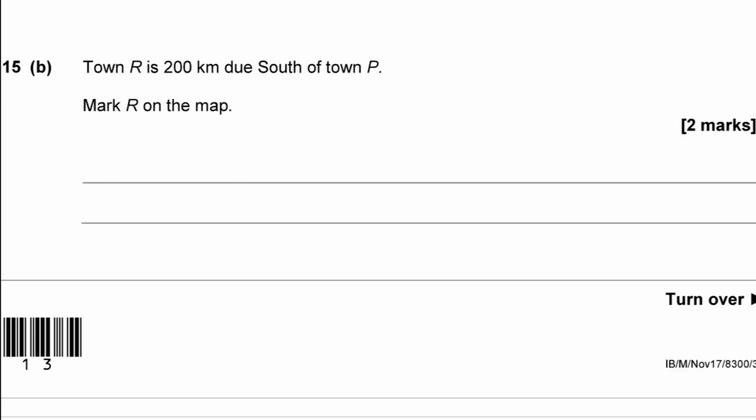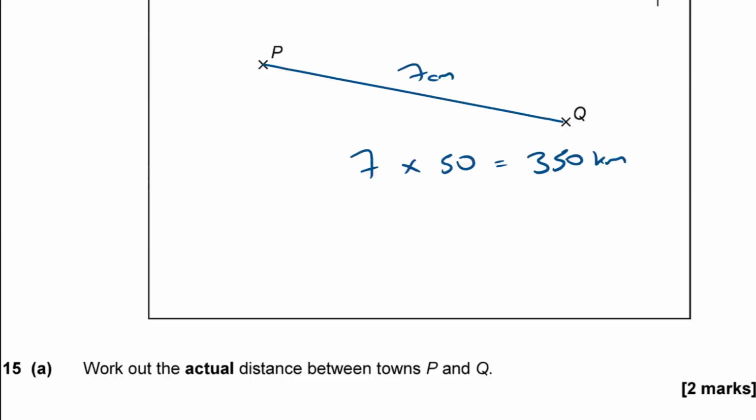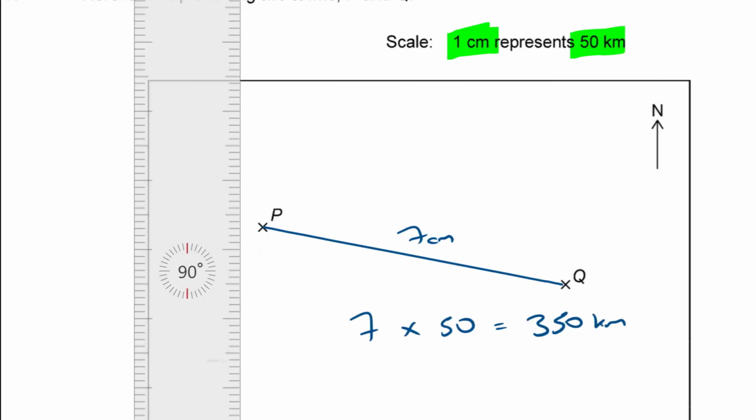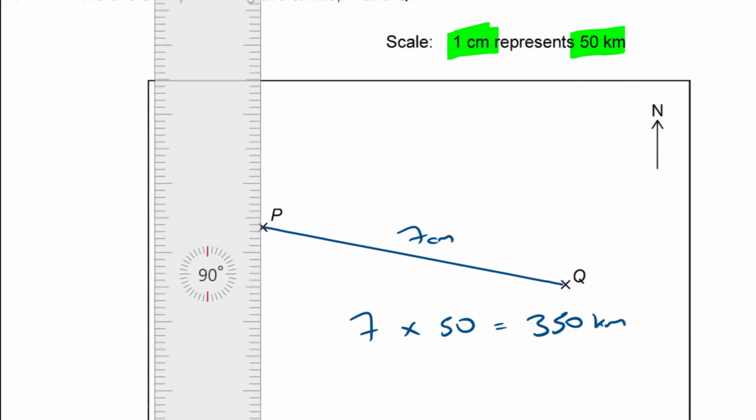Now, town R is 200 kilometers due south of town P. Mark R on the map. So we need to draw a line due south of P. So we need to draw a line straight down there.